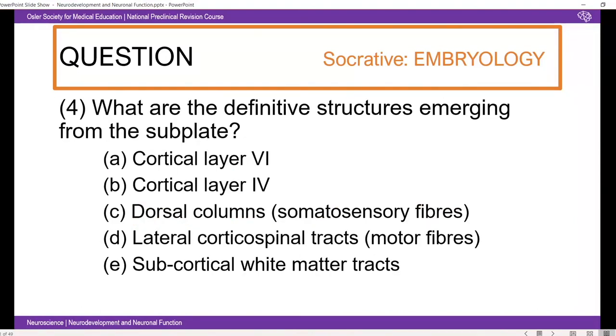One more question. Should be nice and quick. Remember, the subplate is the first cortical layer to form, and we call it the transient or dynamic scaffold.